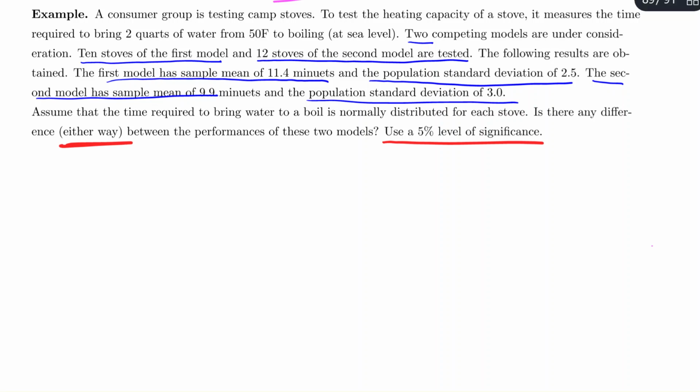Okay, so let's organize the information we have. For group 1, we have a sample mean of 11.4, a population standard deviation of 2.5, and a sample size of 10 because we tested 10 of the first stoves.